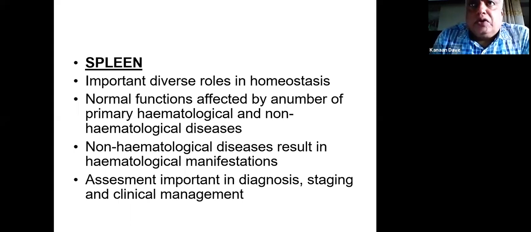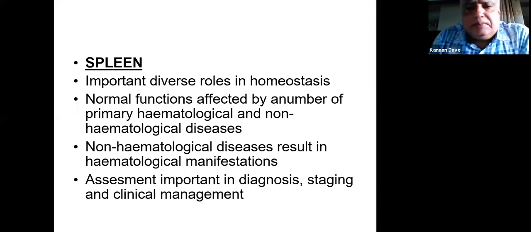Therefore, it's important to have a thorough physical examination, get a good history, and order the relevant diagnostic tests when we are evaluating a patient with splenomegaly, to find out the correct cause.